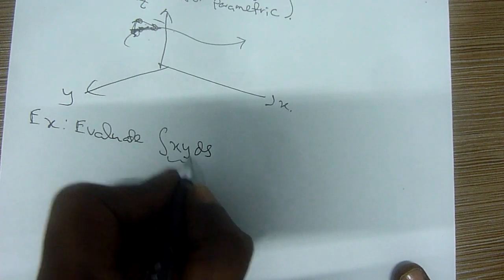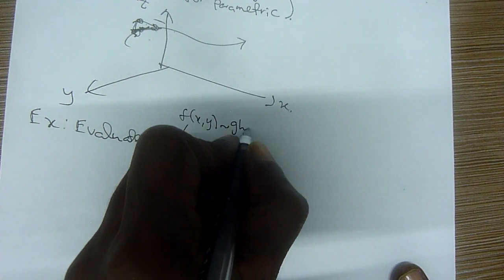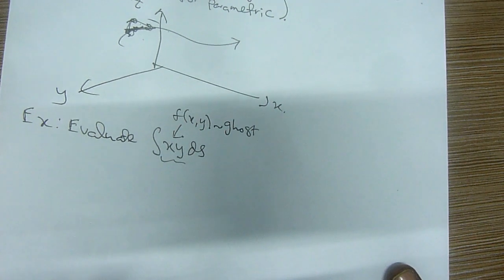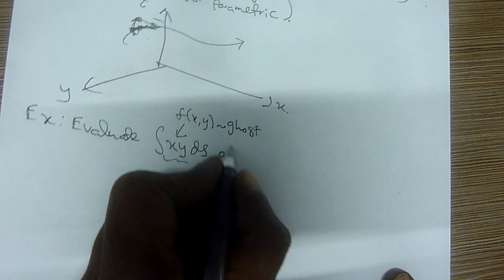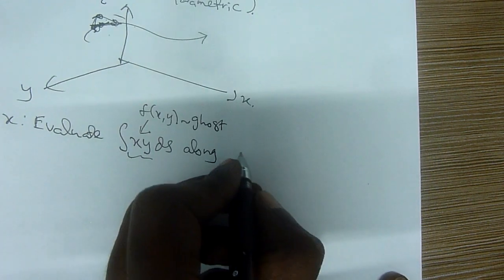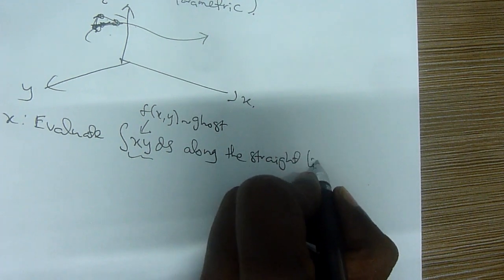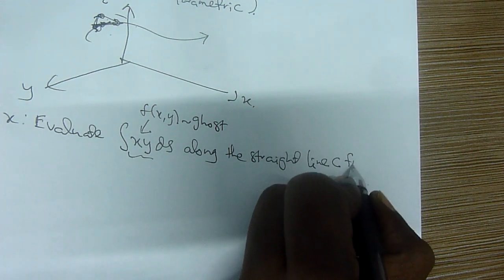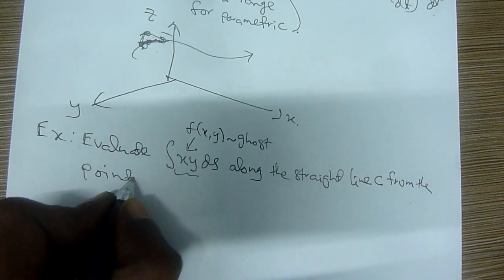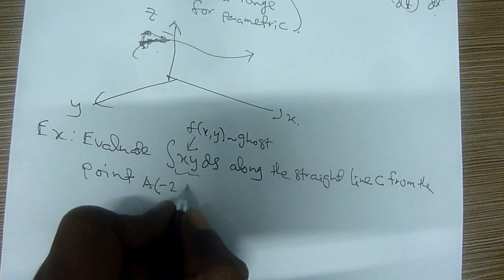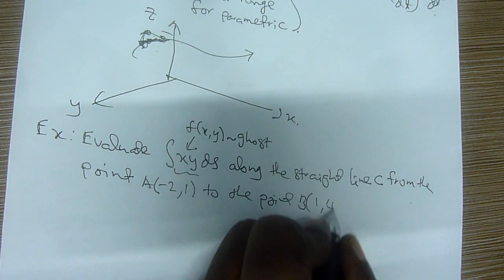Note that ds is a magnitude, not a vector with direction. We evaluate along the straight line C from the point A (-2, 1) to the point B (1, 4).